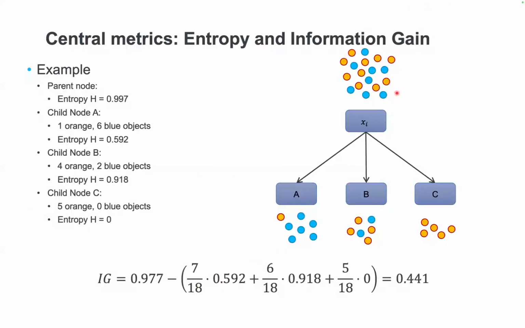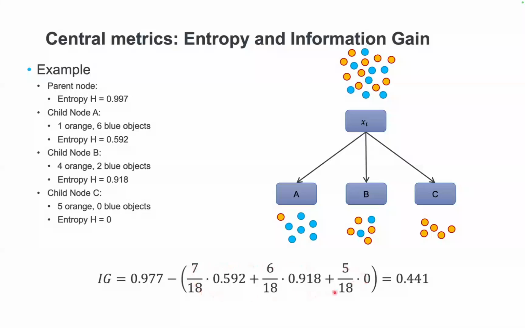So when I go from this set of objects to this split up here, I start with an entropy up here of 0.977. I subtract the weighted entropies, weighted because here I have 7 nodes in child A, 6 nodes in child B, and 5 nodes in child C. So 7, 6, and 5 out of 18 land in these different child nodes, and the first child node has 0.59, the second child node 0.91, and the third child node a 0 entropy.